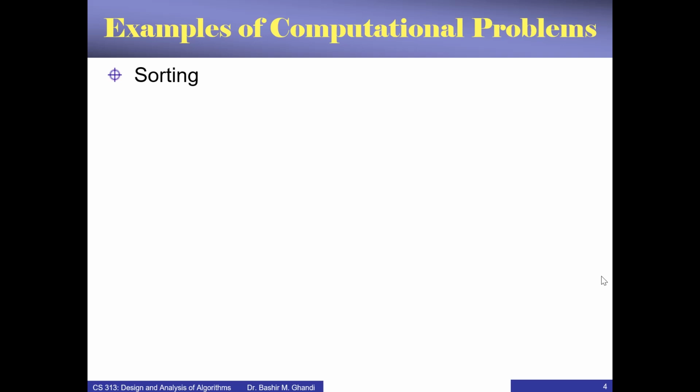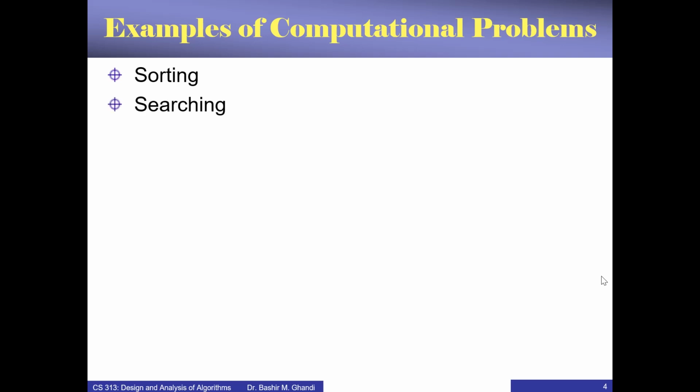If it is numbers, usually you want to sort them in increasing order or decreasing order. So there is an input, which is the data that is not sorted, and then there is an output, which is the sorted data. And the computational problem here is how do you actually move from this unsorted data to sorted data.